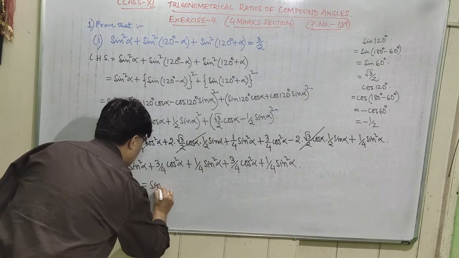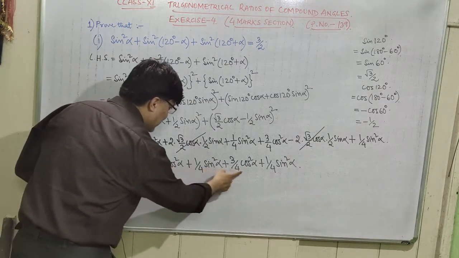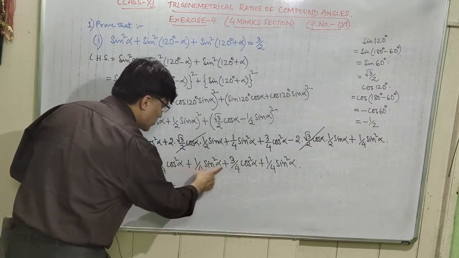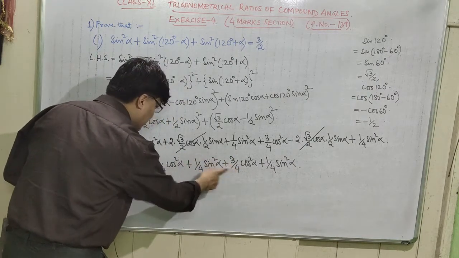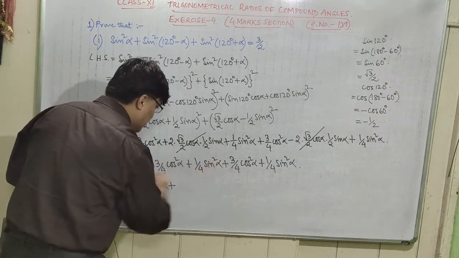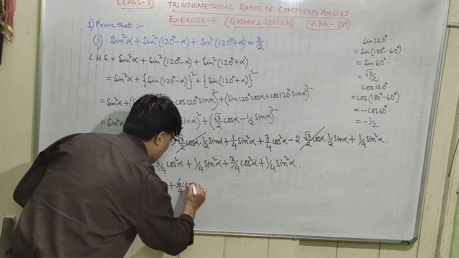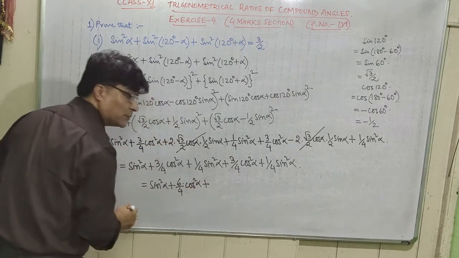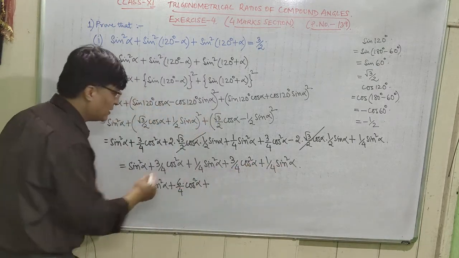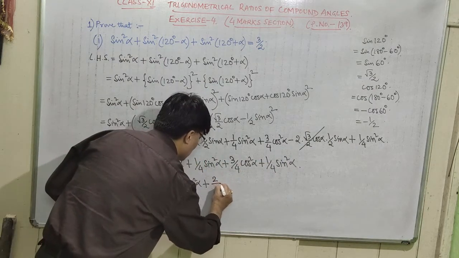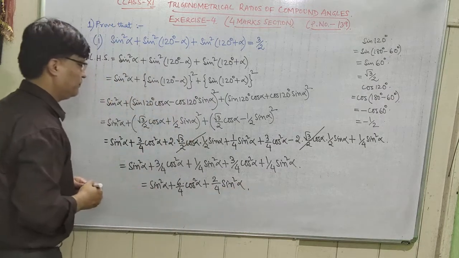This sine square alpha is kept as it is, plus, now this second and fourth, 3 by 4 cos square alpha plus 3 by 4 cos square alpha can be simplified. 3 plus 3 is 6, because this is 4. 3 plus 3 is 6 by 4 cos square alpha, plus 1/4 sine square alpha plus 1/4 sine square alpha can be simplified. 1 plus 1 is 2 by 4 sine square alpha.